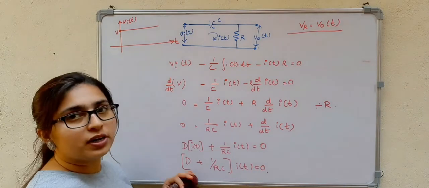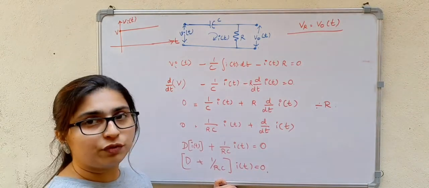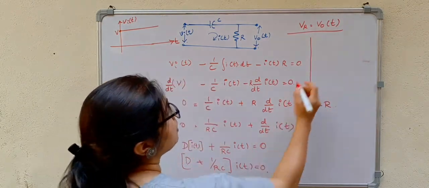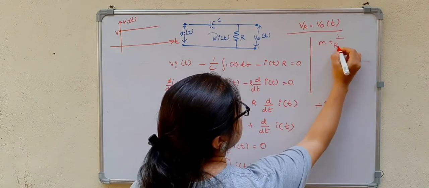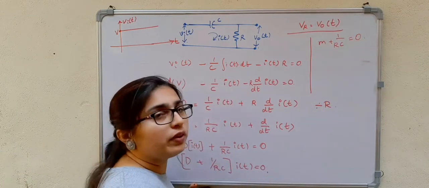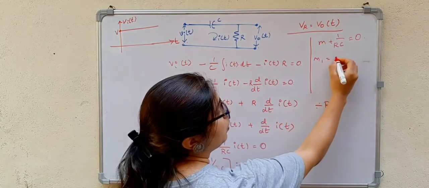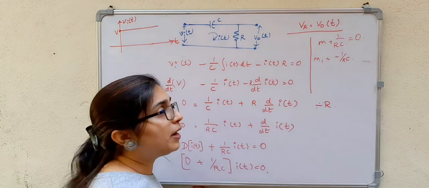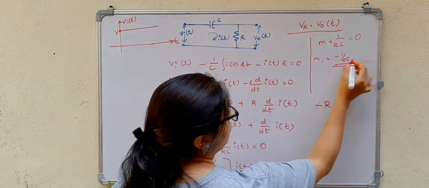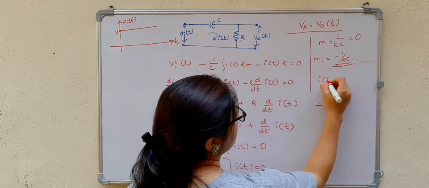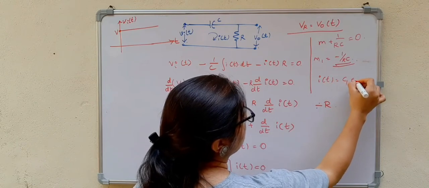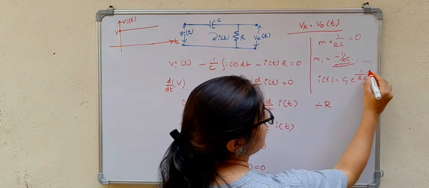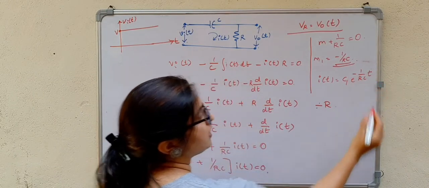Now this is a differential equation, and you know how to solve it. Here I will write m plus 1 by RC is equal to 0. So what will be your root? m1 will be equal to minus 1 by RC. So now you can consider i(t) equal to C1 e to the power of m1 t, where m1 is minus 1 by RC.